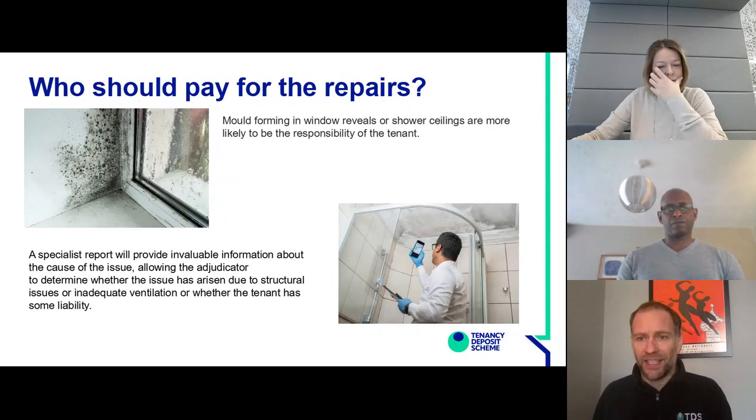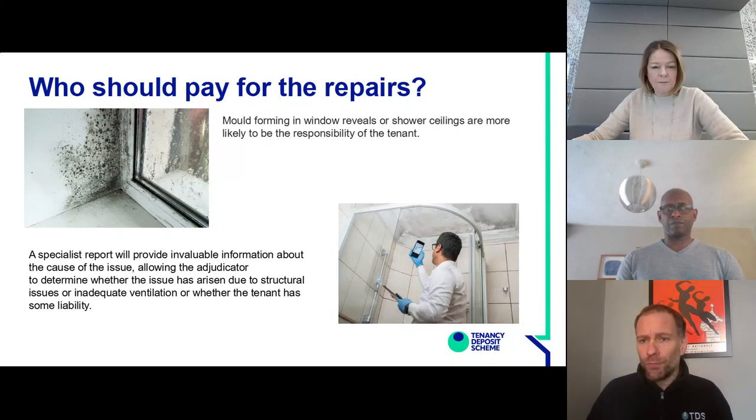They didn't behave in that tenant-like manner. And that should be sufficient to demonstrate a breach, and the landlord will be entitled to recover their reasonable costs from the tenant's deposit to put those issues right. Those are relatively minor issues, and I don't think an adjudicator will have too many problems with that.